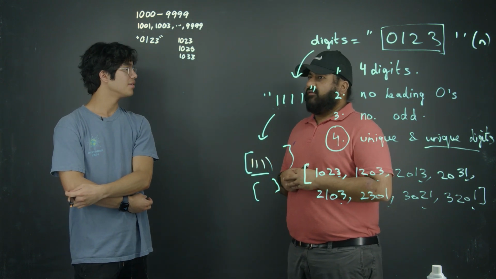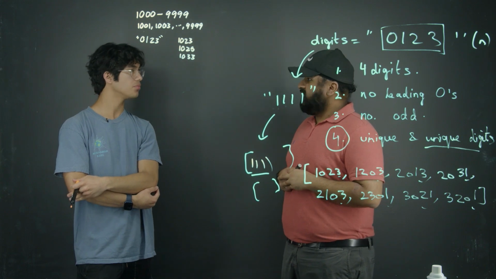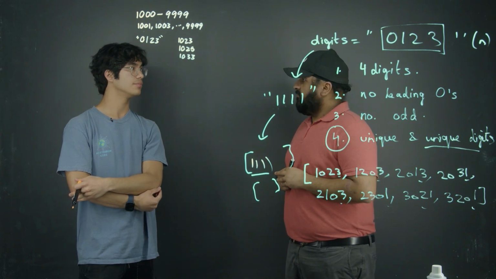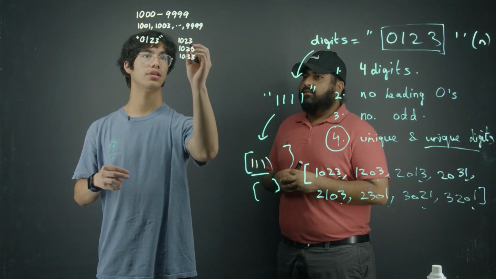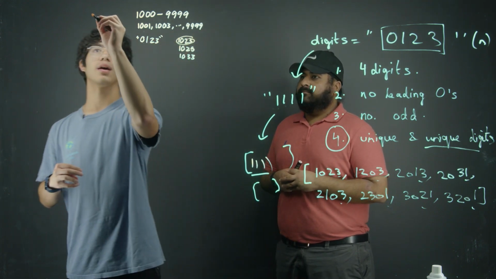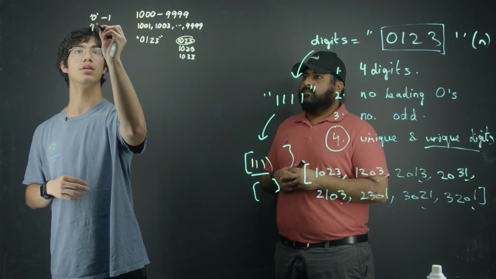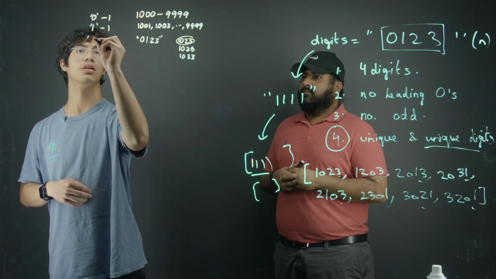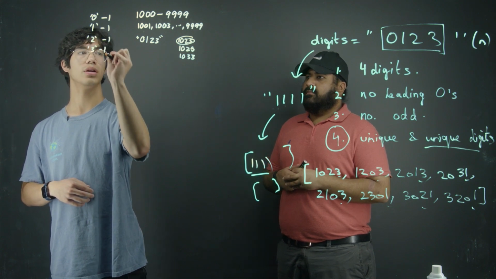So just to clarify, you mentioned you want to keep track of the frequencies of each character. Yes. What are you going to do with them? So let's just say for 1023, right? We have 0 mapped to 1, and then 1 also mapped to 1, 2 to 1, and then 3 to 1.